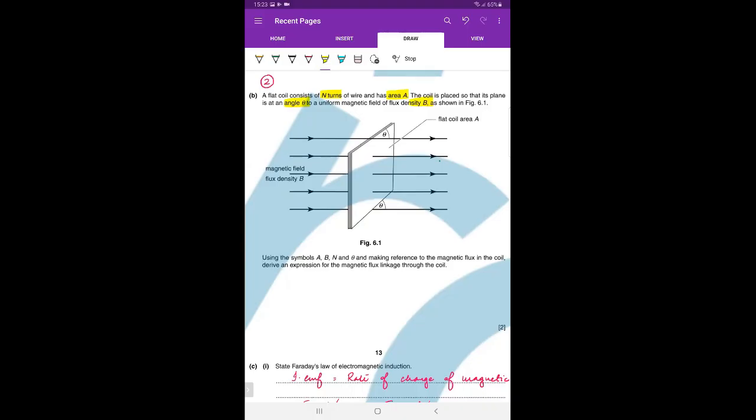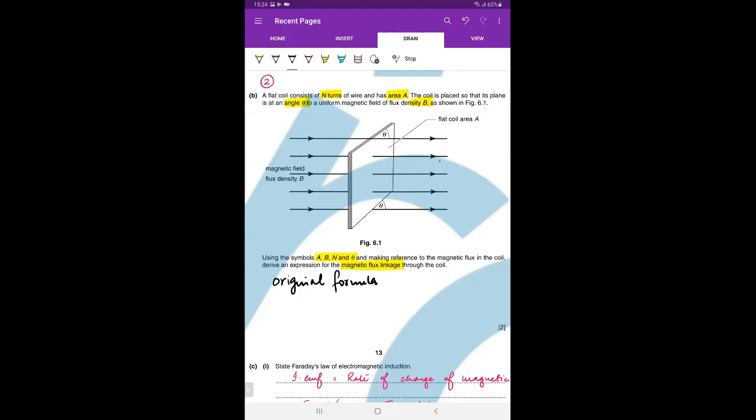Rather, the plane of the coil makes an angle of theta with the field lines. The question is asking you, using the following symbols, to judge the magnetic flux linkage formula. Remember the original formula, but of course the formula needs a bit of adjustment.